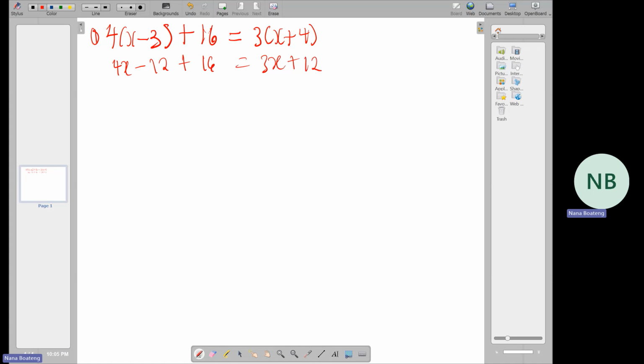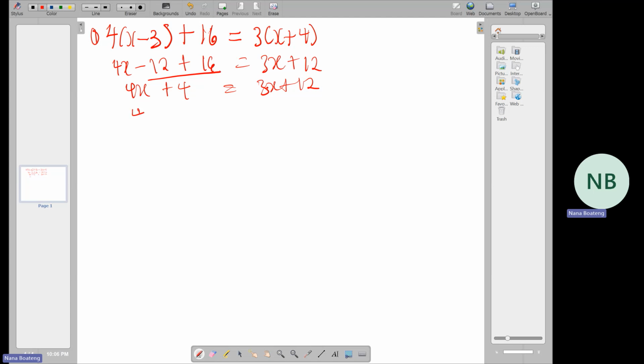Okay, so next we write 4x, and negative 12 plus 16 is positive 4, so this is plus 4, is equal to 3x plus 12. The next thing that we do is to group the terms that involve variables on one side and to group the constants on the other side.